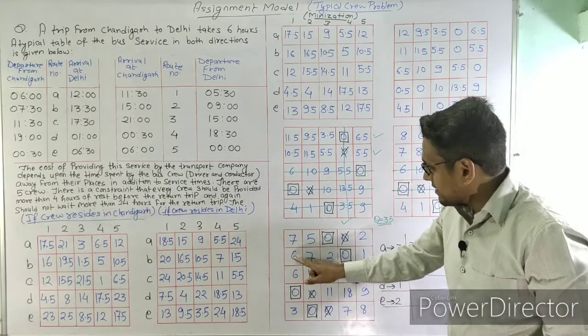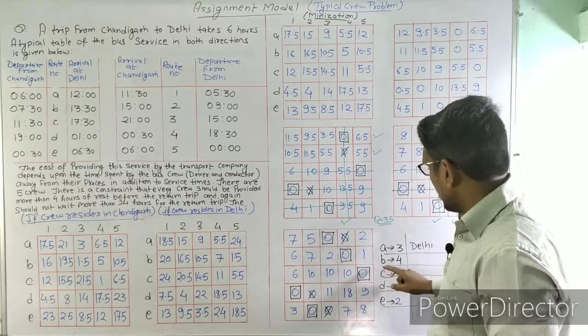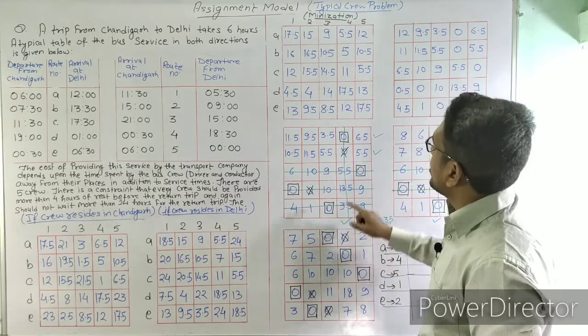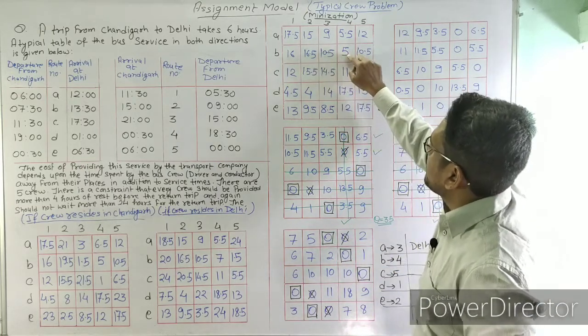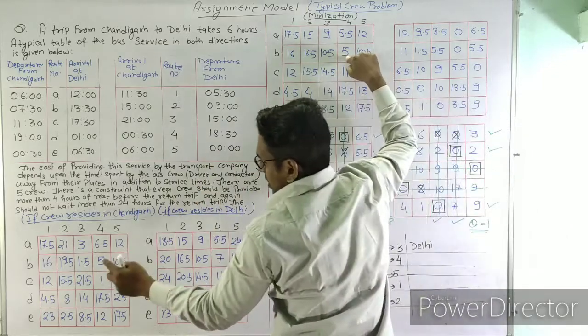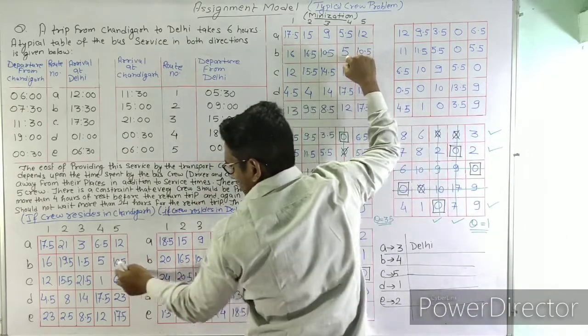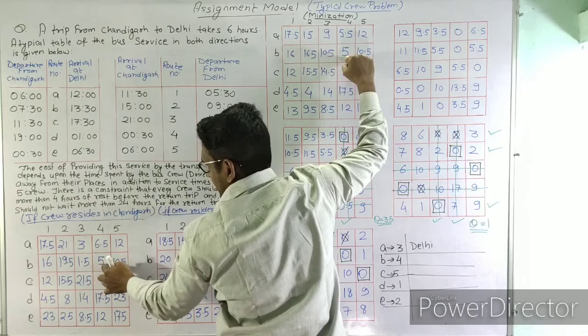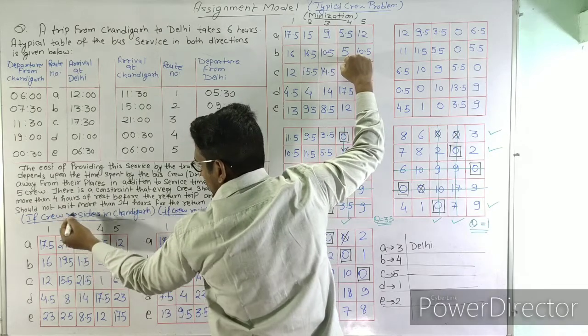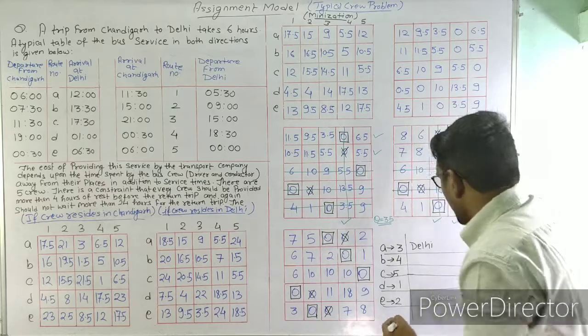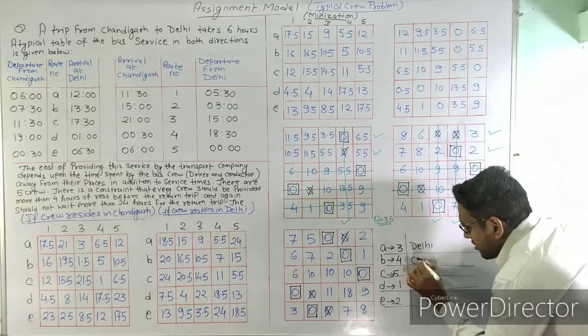Now moving on to second assignment, B4. So here the value of B4 is 5, and now we need to see in which of the matrices 5 has come. So 5 has come from this matrix. So this is the matrix for the crew that resides in Chandigarh. So here this crew resides in Chandigarh.